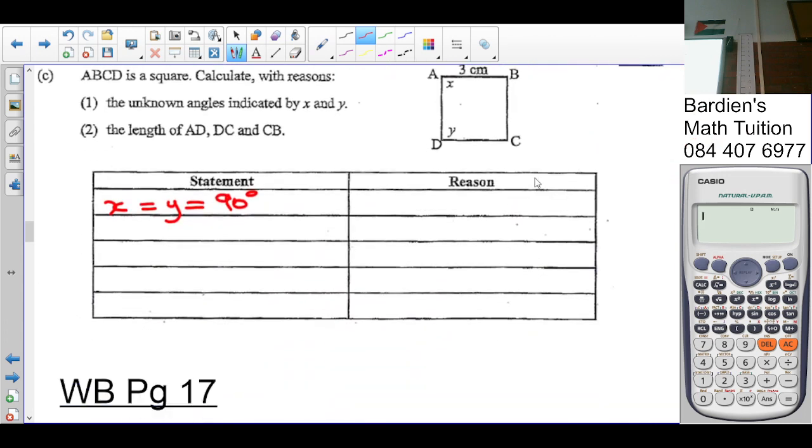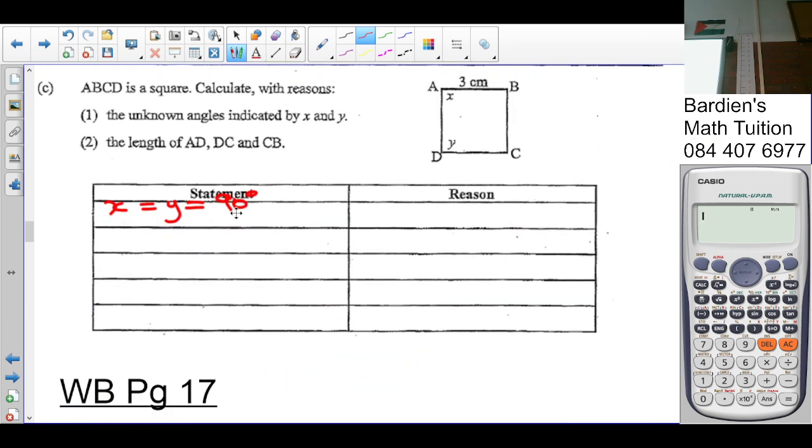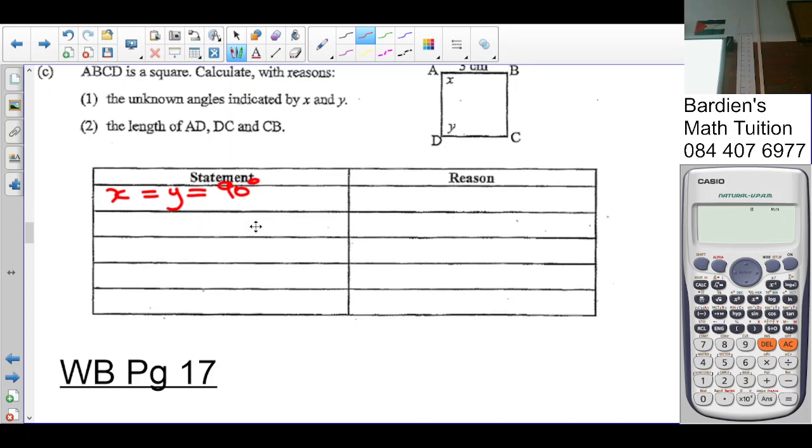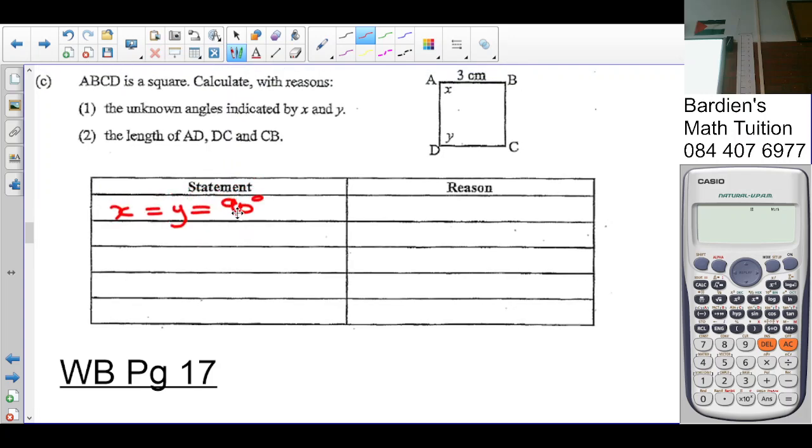Okay. Everything is the same, so its reason is also the same. So the reason here is vertex angles equal in square. Okay. You guys understand? Right.